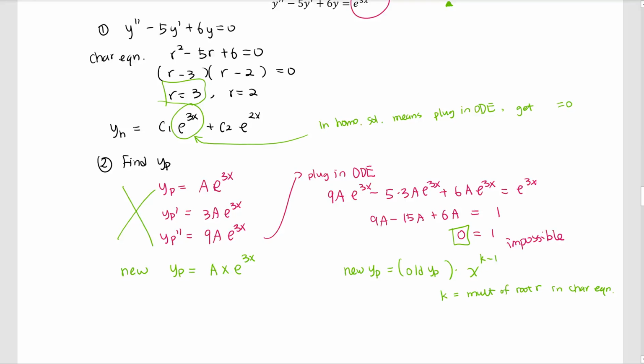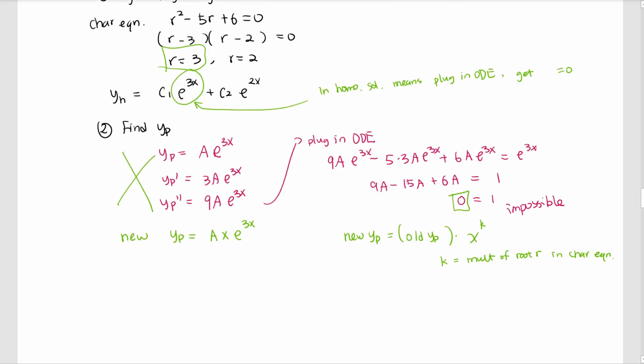Now we have a root here and another here, so together it's like multiplicity 2. But if we're just looking at the multiplicity of 3 in the original characteristic equation of the homogeneous part, it is only 1. So you multiply by x to the power of k, where k is the multiplicity of the root in the characteristic equation.